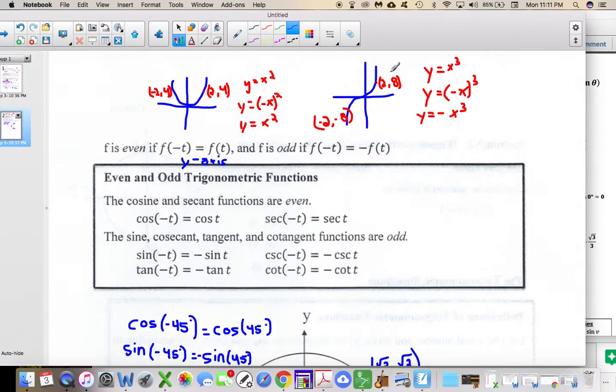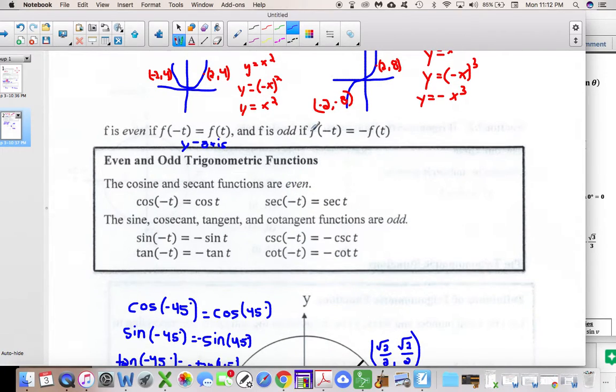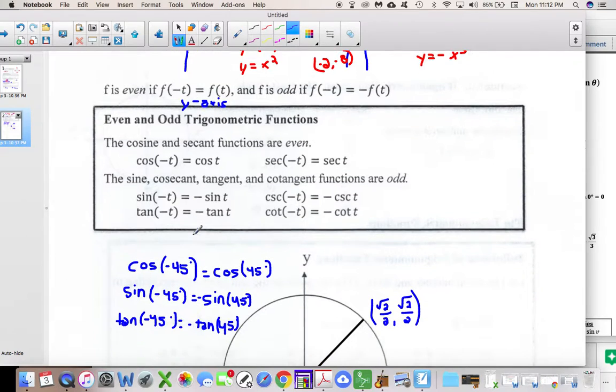You can see how that works with the coordinate points. The point 2, 8 on the graph of x to the third power becomes negative 2, negative 8, and the points negative 2, 4 and positive 2, 4 are on y equals x squared. Those are the definitions of even and odd.